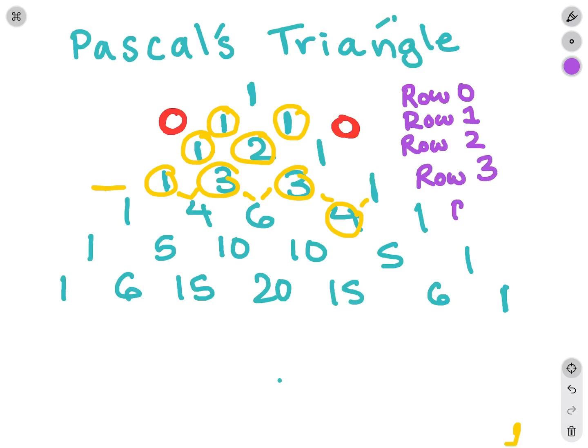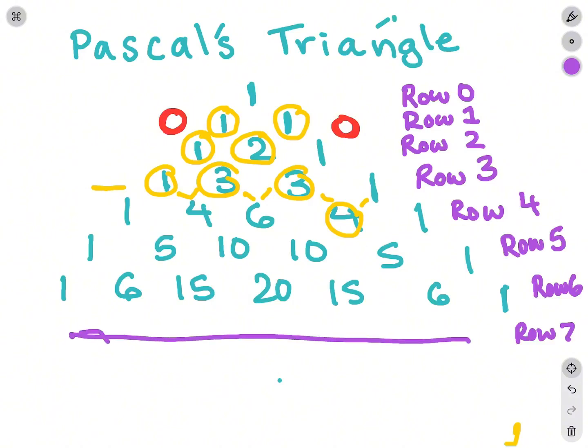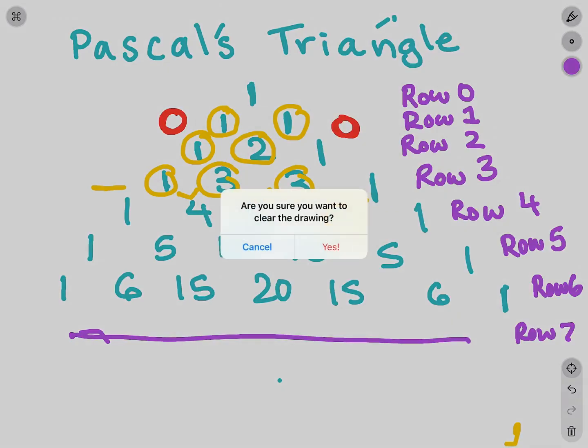Now you'll notice, for example, in row 4, the 4 is the second number from the end of the row. And in row 5, the 5 is the second number from the end of the row. So that's an easy way to see it without having to go down like that. But it starts with row 0 at the top.